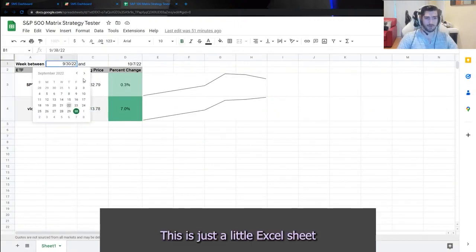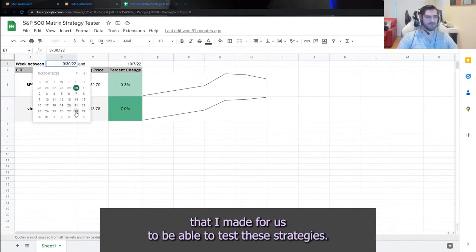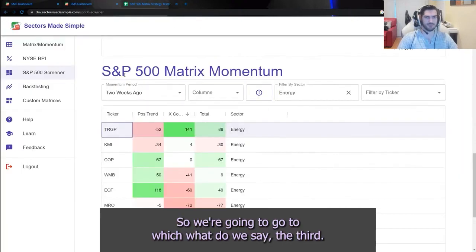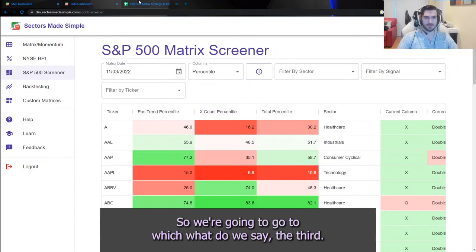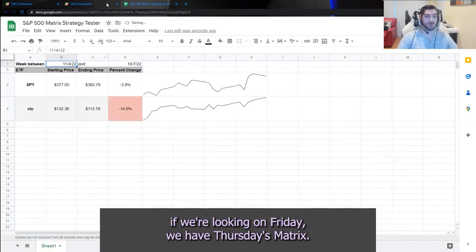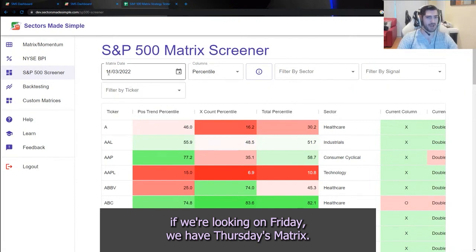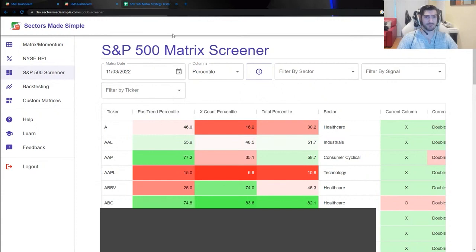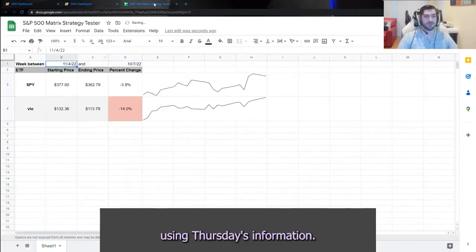This is just a little Excel sheet that I made for us to be able to test these strategies. So we're going to go to, what did we say? The 3rd. So we bought on the 4th, because remember, if we're looking on Friday, we have Thursday's matrix. So we would be trading on Friday using Thursday's information.